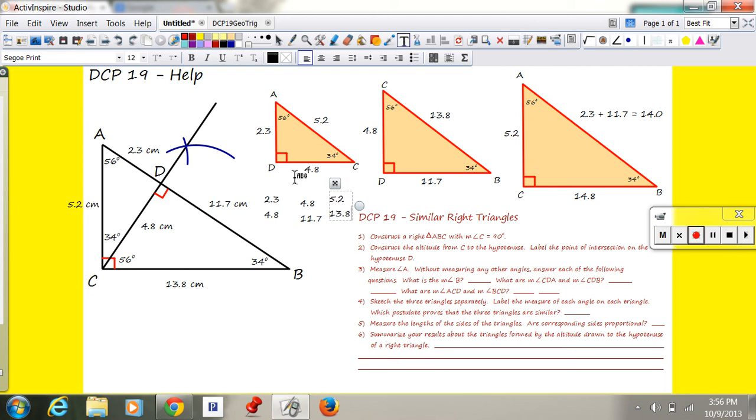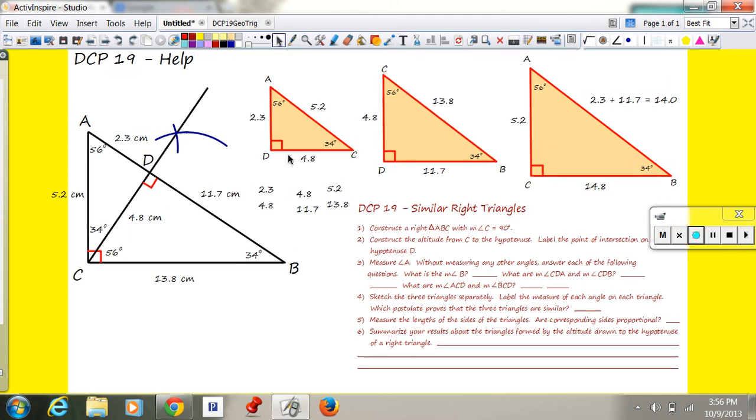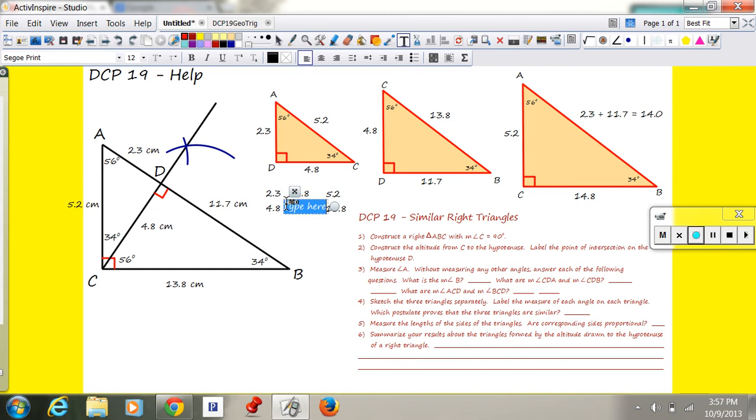Those would all come out the same ratios. These would all be equal to each other, and you would reduce them and show me that they're all equal. Now everybody's numbers in the class are going to be different because not everybody made the same triangles.